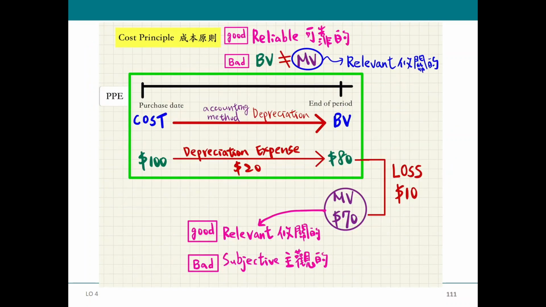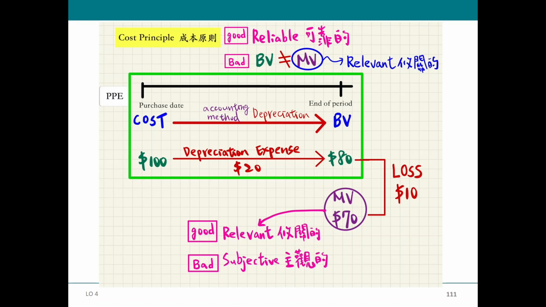Okay? So on your slide, chapter 14, 111. If you remember, market value, of course, is relevant because it's today's value price in the market. But the problem is we don't trust the numbers except bonds and shares, because they are traded in the market.